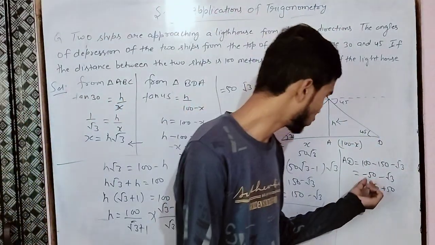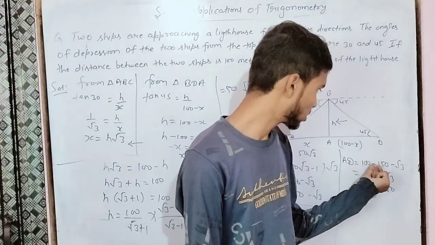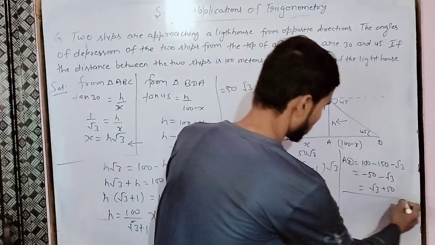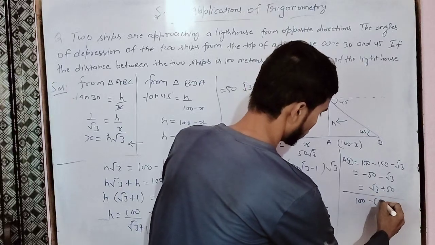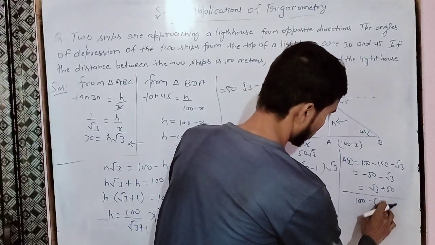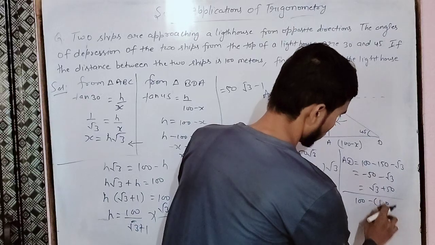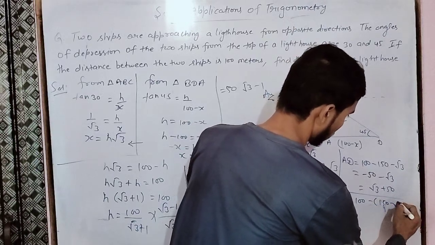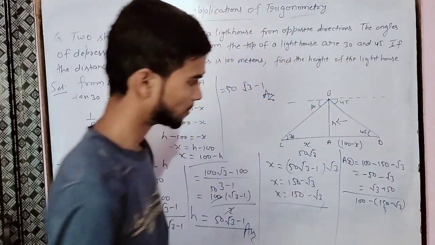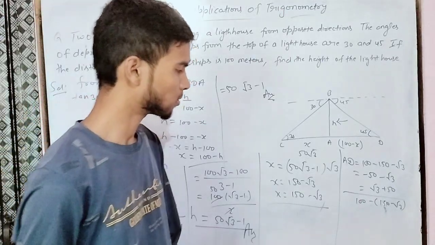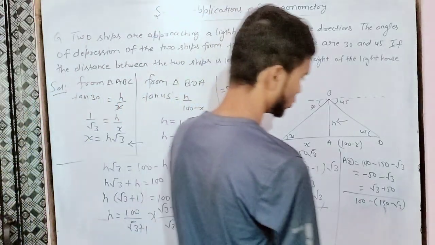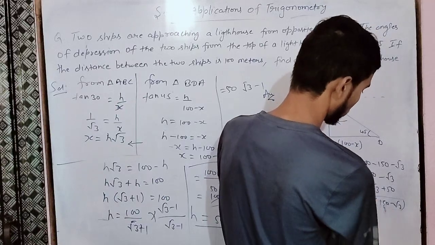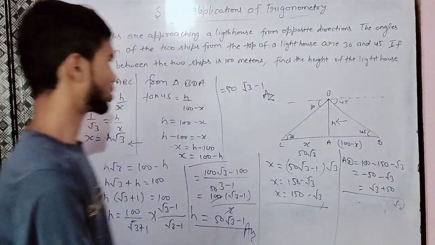So I think so, minus 50. 100 minus 150, 150 minus root 3. So this is the final answer.